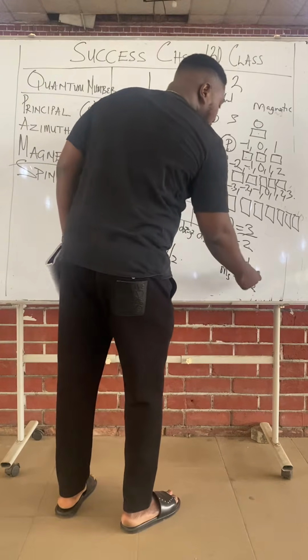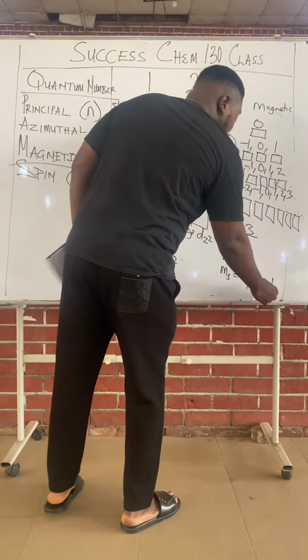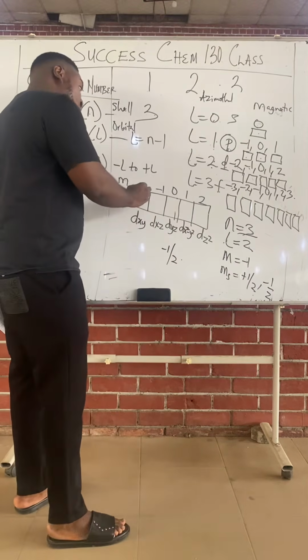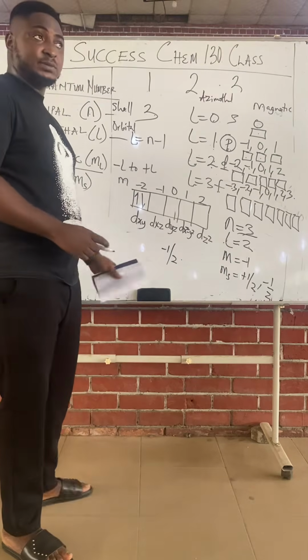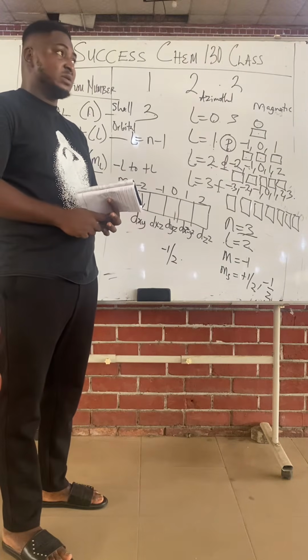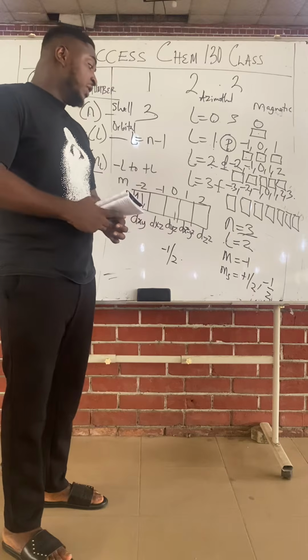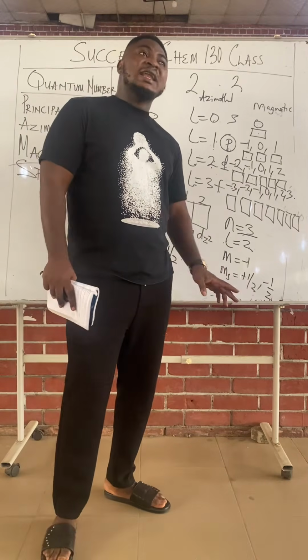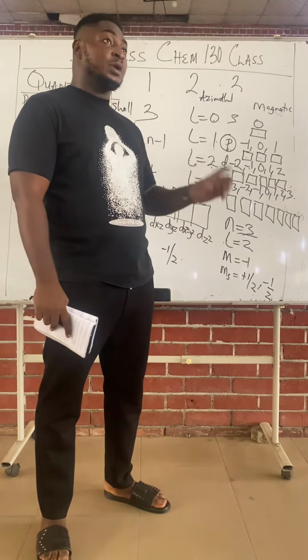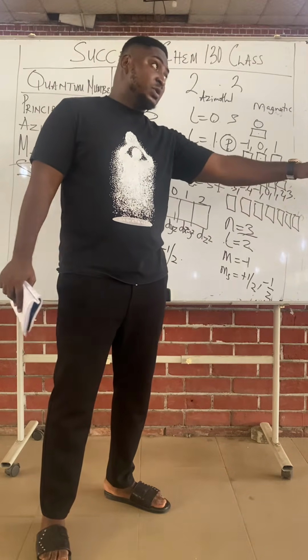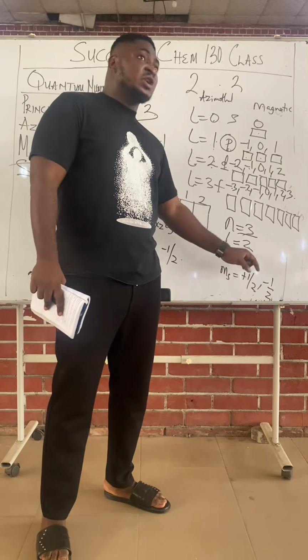If they give you ms plus 1 over 2 and minus 1 over 2, that block is completely filled up, 1 up, 1 down. If they give you plus 1 over 2 only, that electron is just 1 and is orientated upward. If they give you minus 1 over 2 only, that electron is orientated down.